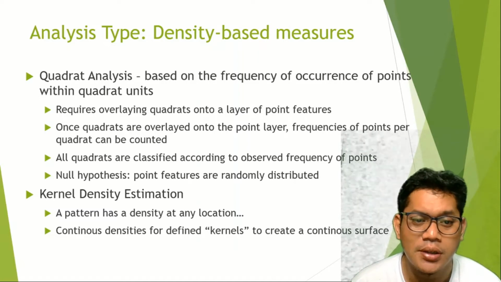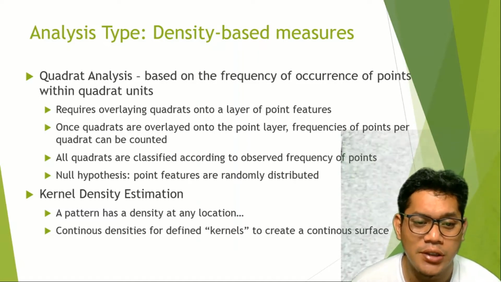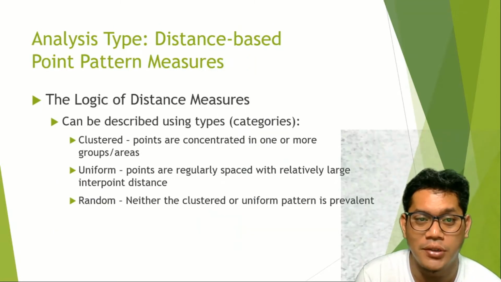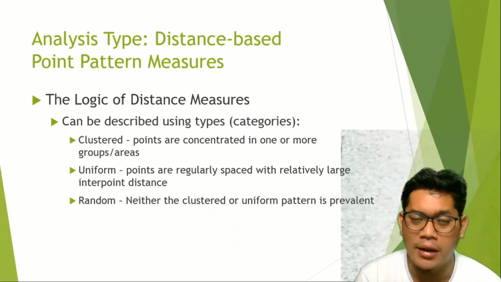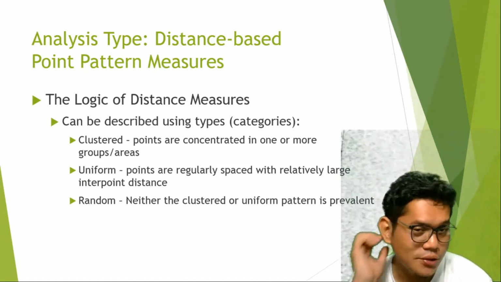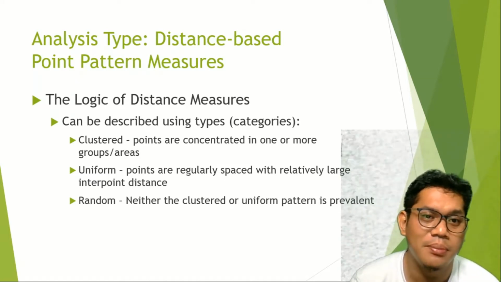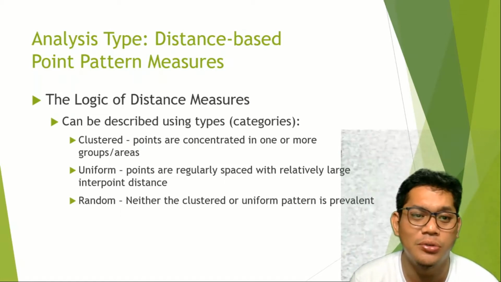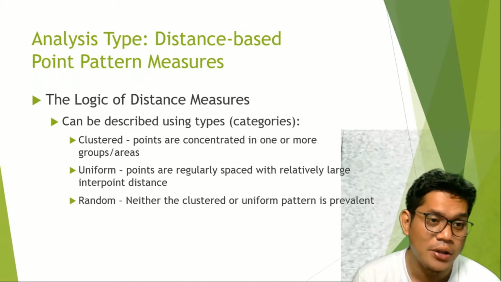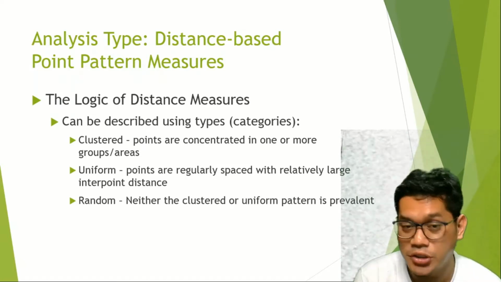Or it could be patterns that give the density at any location and create a continuous surface based on this density. Other than that, analysis can be used for distance-based point pattern measures, where you come up with categories of clustered, uniform, or random, looking into the logic of the distance measures.